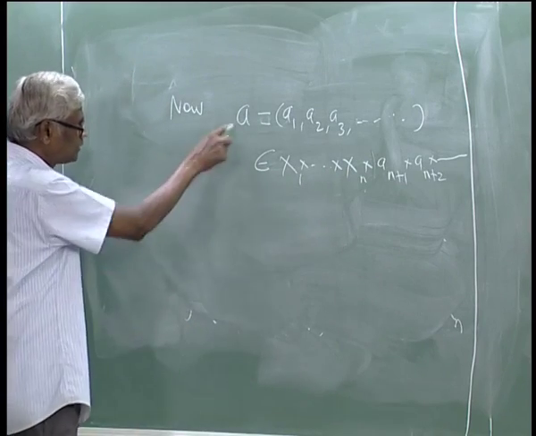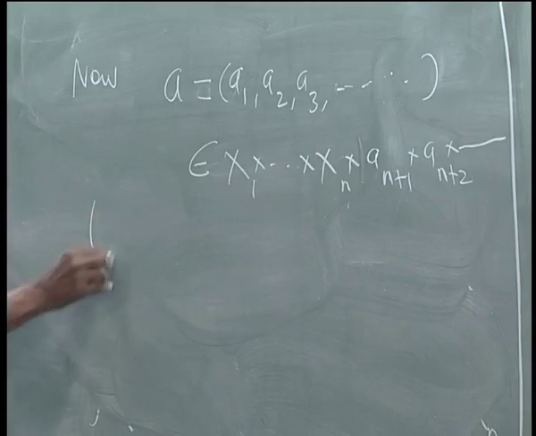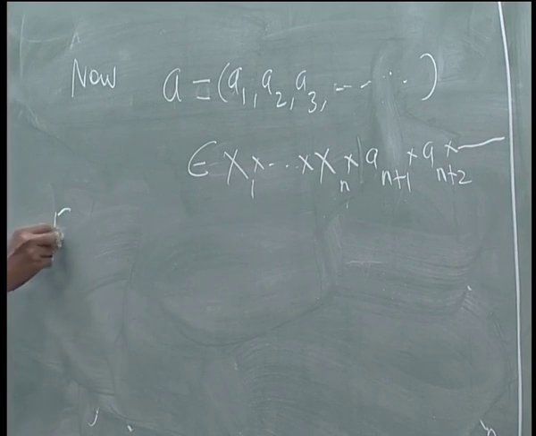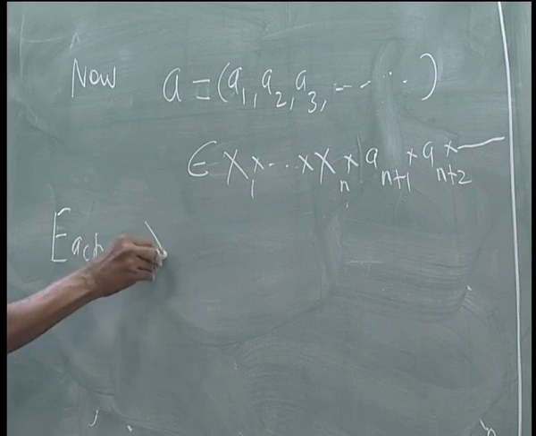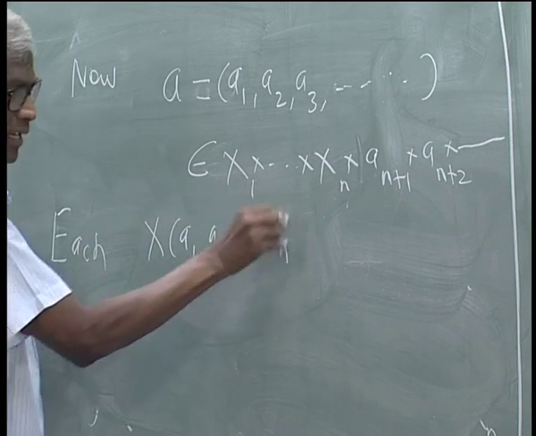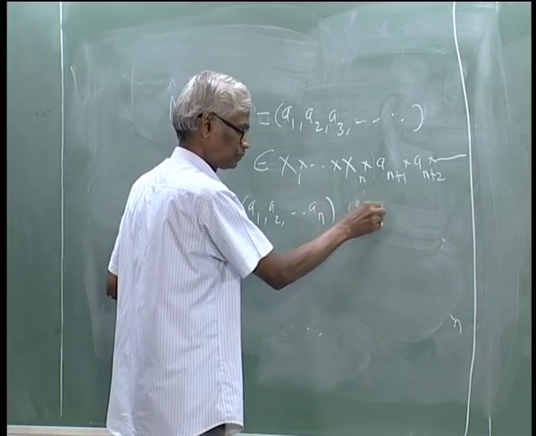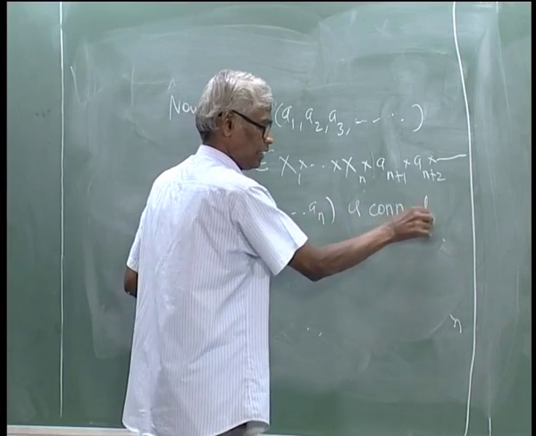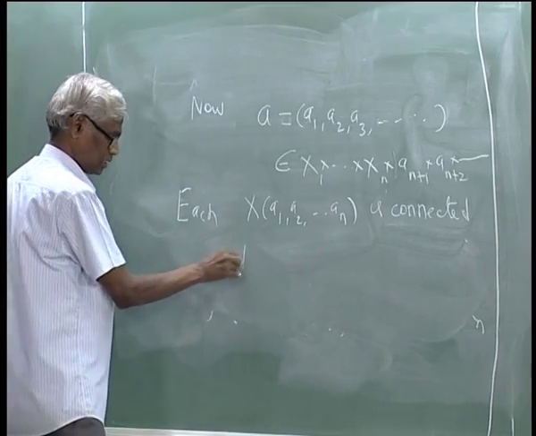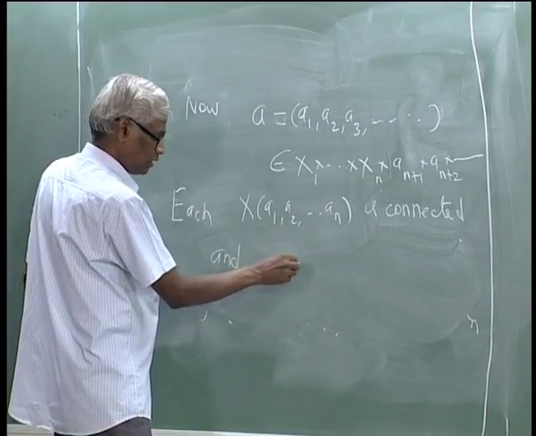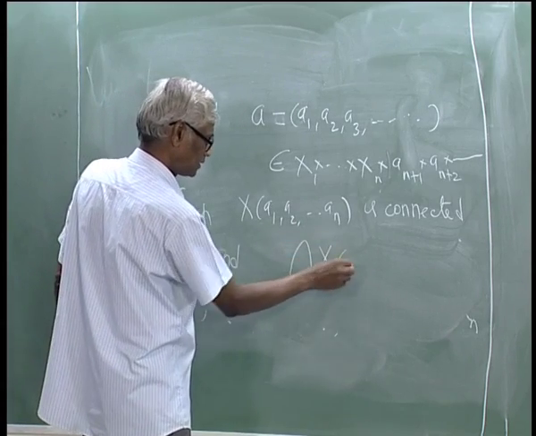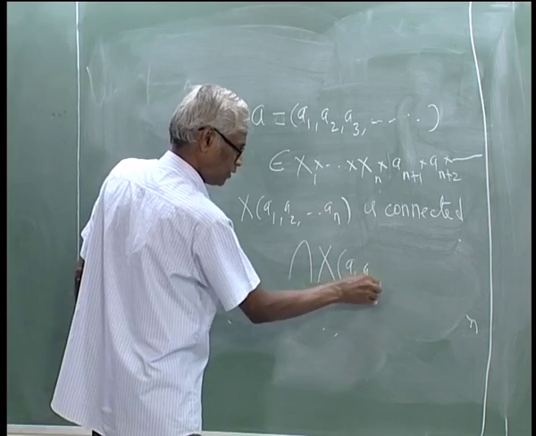So, this union, see this, that is what each X of a_1, a_2, ..., a_n is connected, and the intersection of such X of a_1, a_2, ..., a_n.